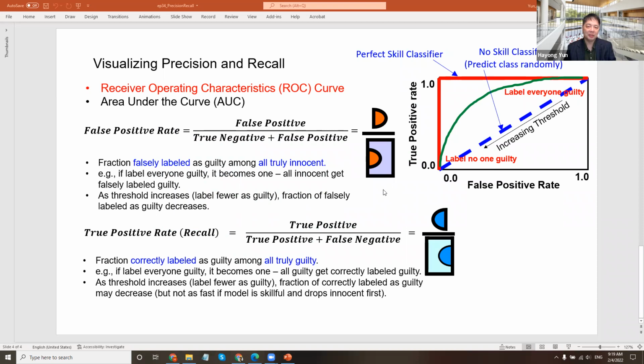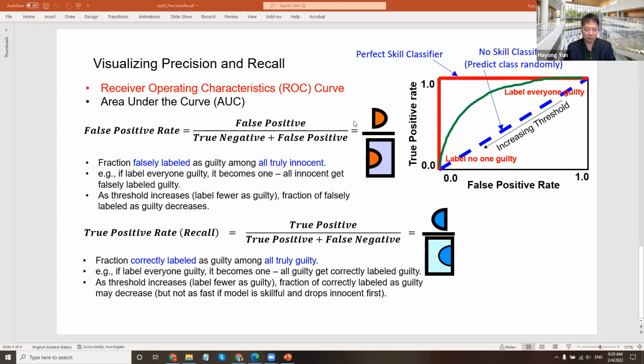To visualize this accuracy, oftentimes people use a receiver operating characteristic curve, which is a plot of the false positive rate and true positive rate. The false positive rate is: among the innocent ones, how many you falsely accuse.